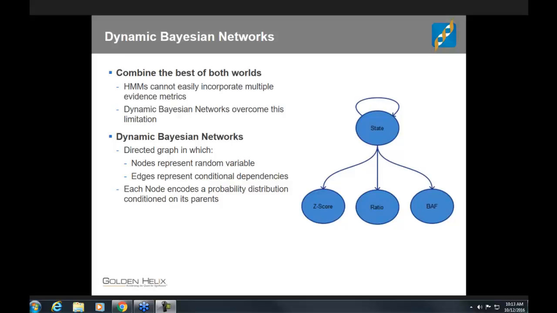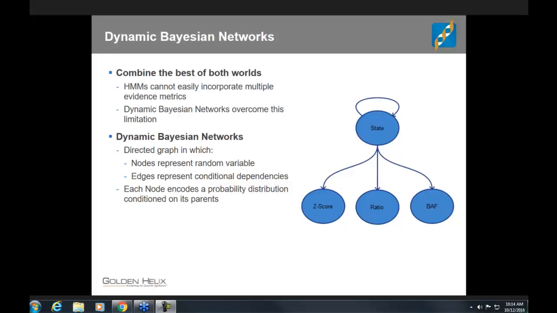The first is a z-score relative to the controls, and that is just measuring the number of standard deviations away from the mean normalized coverage for each of the controls. We use a ratio, that is just the ratio of the normalized coverage for the sample of interest divided by the mean normalized coverage for our controls.